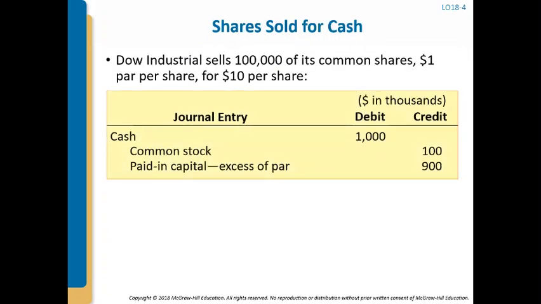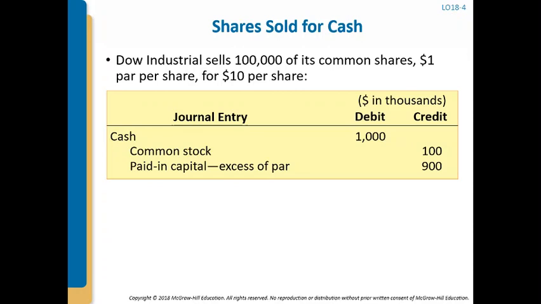And so here we have an example. Dow Industrial sells 100,000 of its common shares, $1 par per share, for $10 per share. So that's perceived to be the market value.